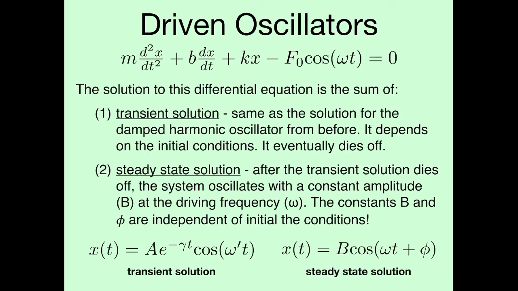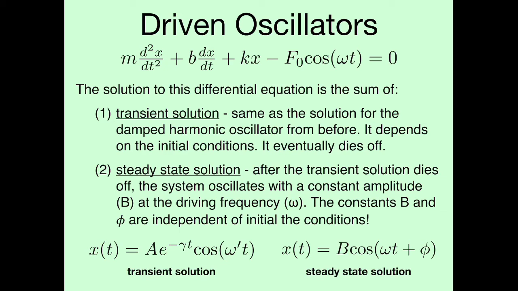We've already seen how that works. This is describing an oscillation that dies out over time. So eventually the transient solution is going to go away because these oscillations are dying out. And to understand exactly how the transient solution works, you need to know the initial conditions. In other words, what is the position and the velocity at t equals 0?